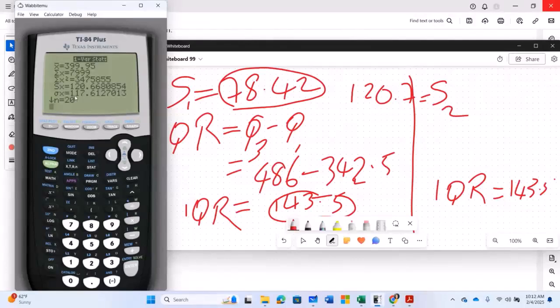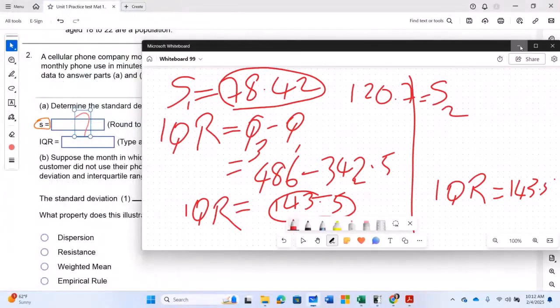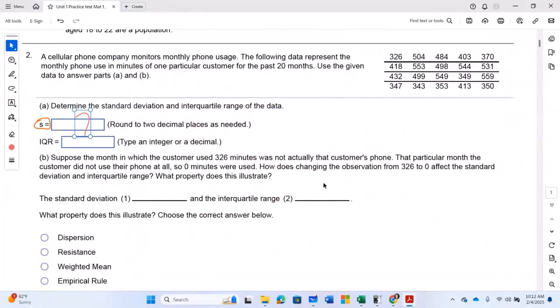So it affects the standard deviation more than it did the interquartile range. Okay, so we have answered this question, which is in a practice test. What property does this illustrate? Choose the correct answer. So we put the standard deviation and the interquartile range here. It changed the dispersion. It enlarged the standard deviation.